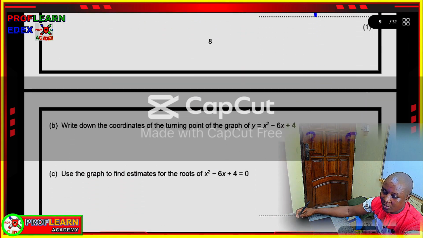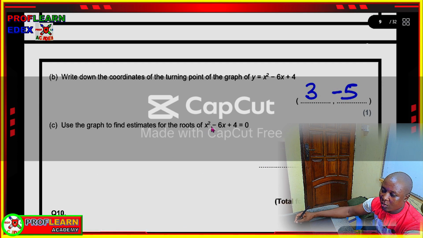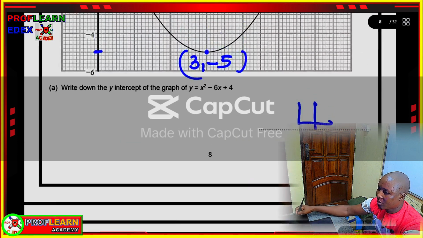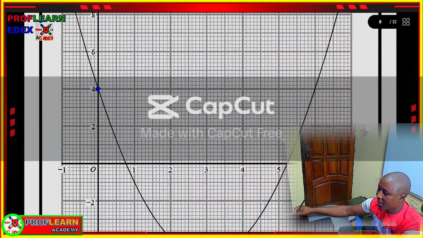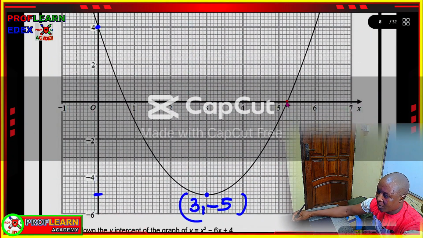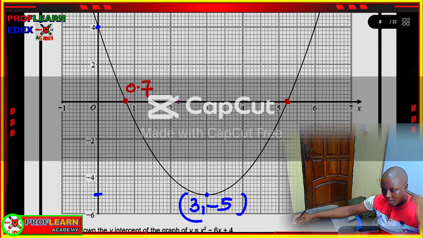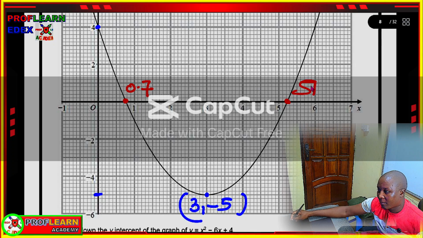And the next question that we are asked is to estimate the roots of this equation. So where it crosses the x-axis, we are supposed to state where it crosses the x-axis. It will be this point here and also this point here, and that is going to be 0.7 and 5.1.